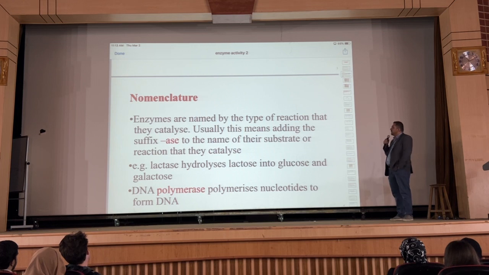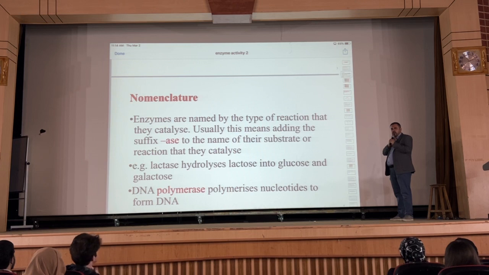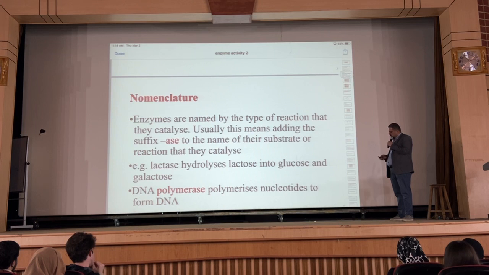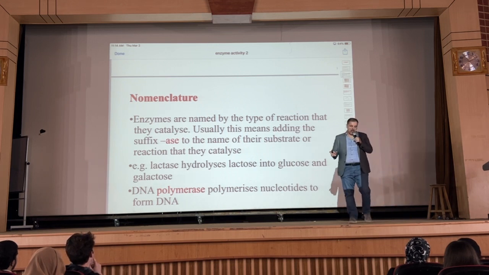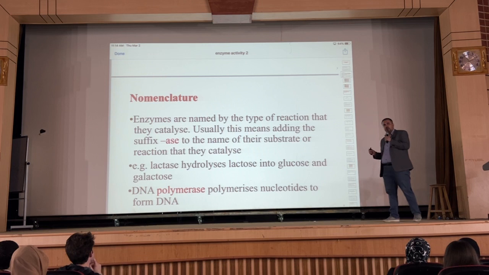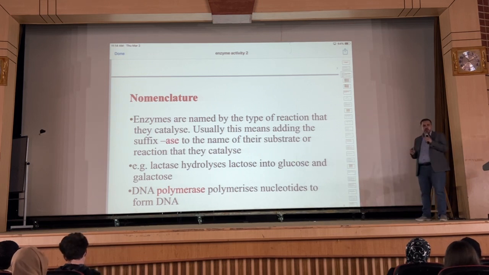Nomenclature: how they are named, usually by adding the suffix ASE to the name. Just by adding ASE, you know that this name is an enzyme. The name is usually derived from the substrate that it acts on, for example, lactase enzyme acts on the substrate which is lactose, or galactase acts on galactose, and so on.